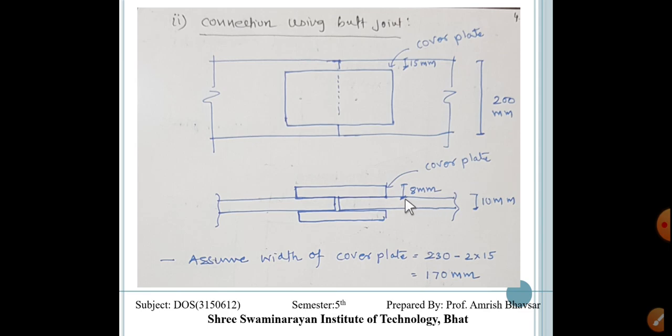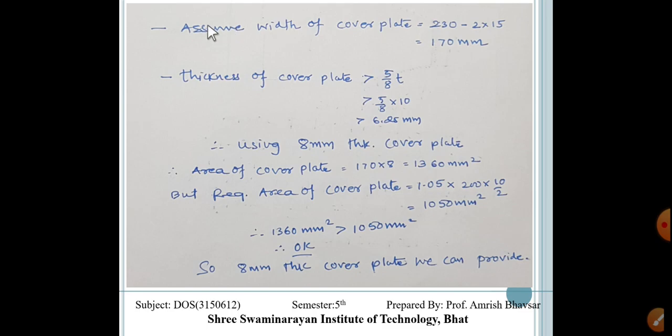Clear? Now the most important task is the width and the length that we have, but the thickness of the cover plate must be assumed or something else. So for that, the thickness of the cover plate must be greater than 5 by 8 times of T, that is given.